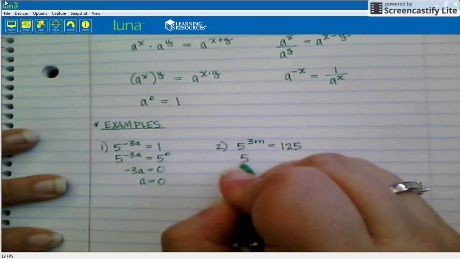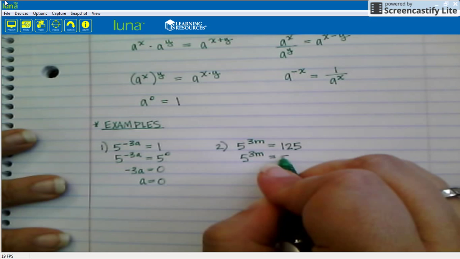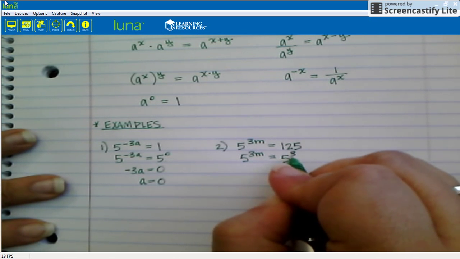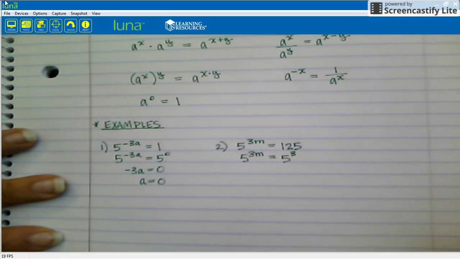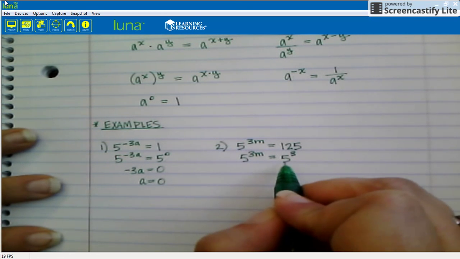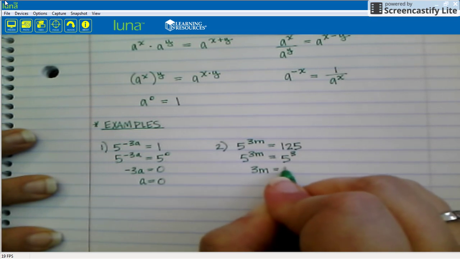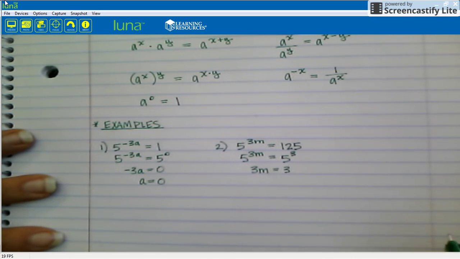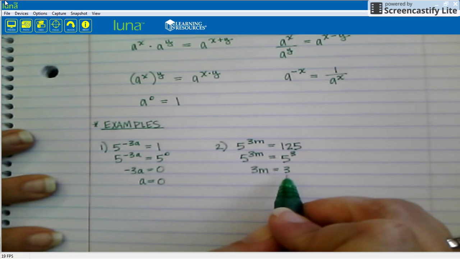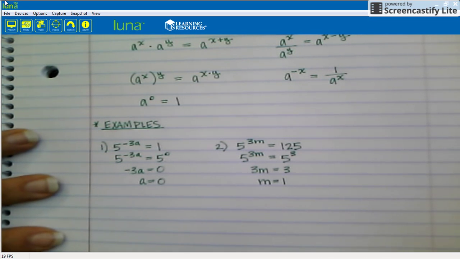So I have 5 to the 3m power is equal to 5 cubed. And so now that I have two powers equal to each other with the same base, I set my exponents equal to each other and solve for the variable. So I have 3m equals 3, which means m is equal to 1 when I divide both sides by 3.